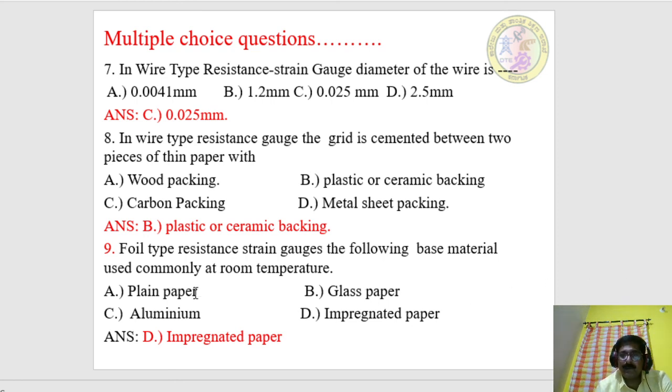Plain paper they won't use, glass paper also they won't use, aluminium sheet also they won't use. They'll use impregnated paper and sometimes an epoxy sheet. Impregnated paper is used for room temperature, right? The epoxy is used for higher temperature. Then at room temperature, impregnated paper. Answer would be D.